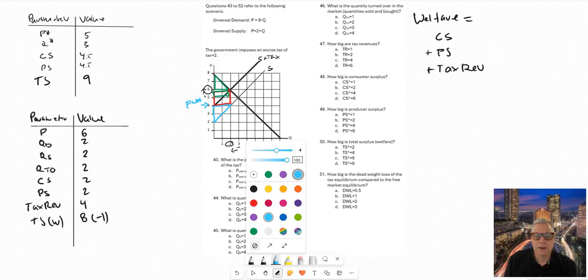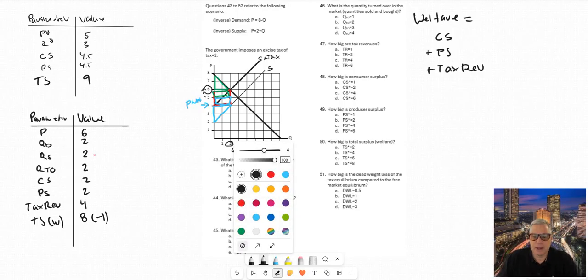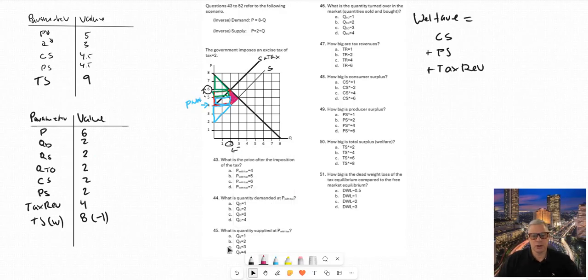And the lower one, this rectangle here, used to be producer surplus, and that's just handed over to the government. So the government could, if it wanted to, give it back, but it's nothing that's being lost, it's just being redistributed. But what's being lost is this triangle here, because the tax reduces economic activity, and this triangle used to be consumer surplus and producer surplus, which is now lost.